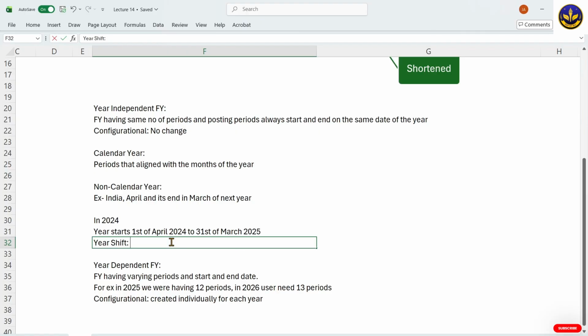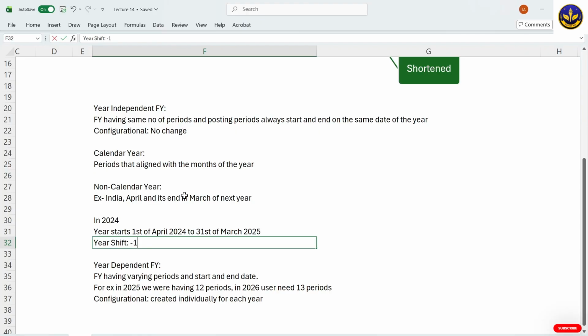For that we majorly use -1 against those periods which fall in the succeeding year. We will see this particular part in our practical session while doing the configuration of the fiscal year. There is also +1, which is used for another purpose. We will also see that in our practical session itself.